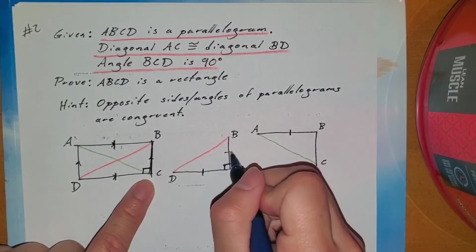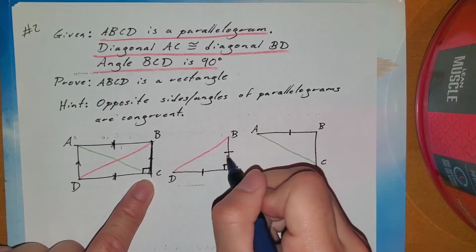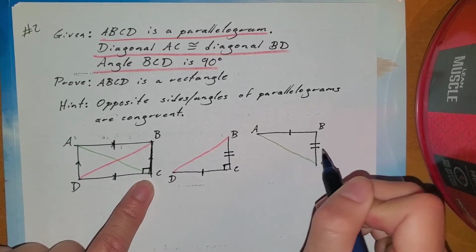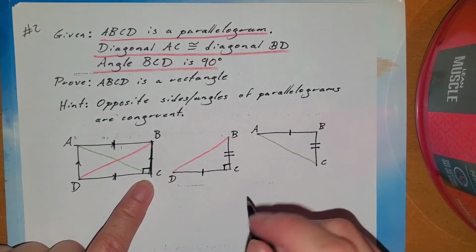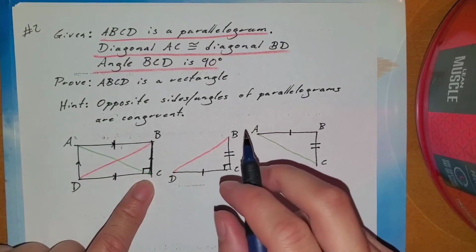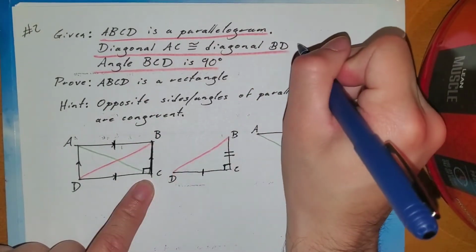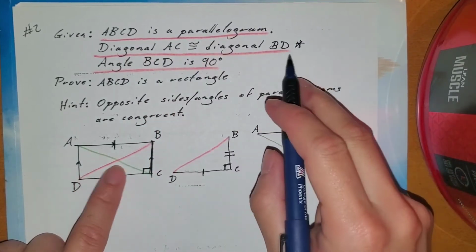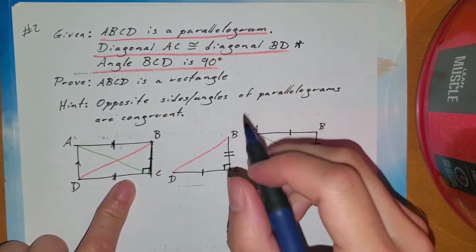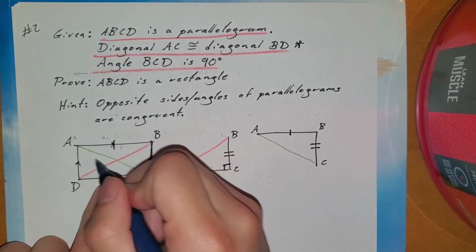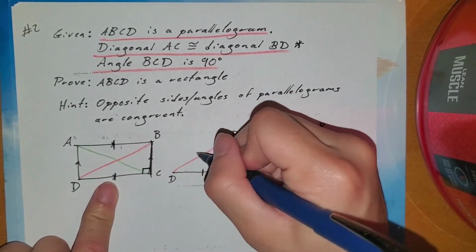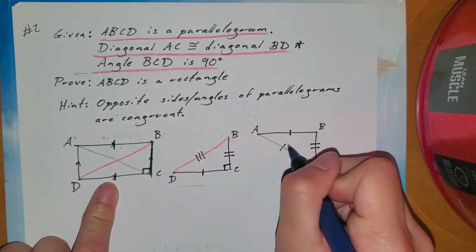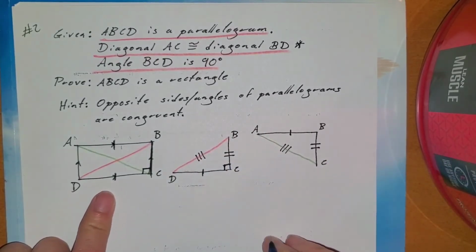So remember, reflexive property, these two sides will be congruent. And lastly, remember one of the given things, the diagonals AC and BD are congruent. So this red diagonal is congruent to the green diagonal. It is given. So that diagonal is congruent to that diagonal.